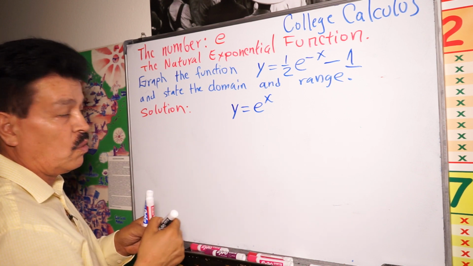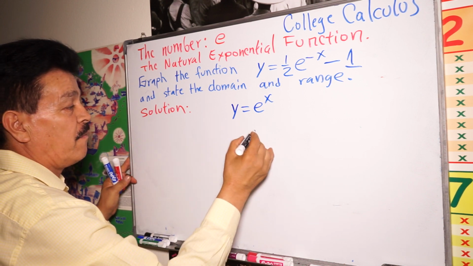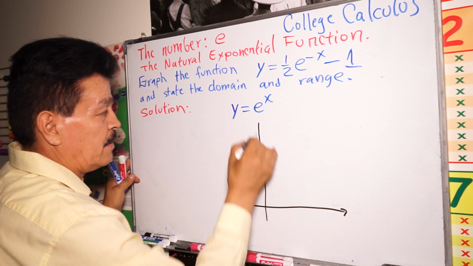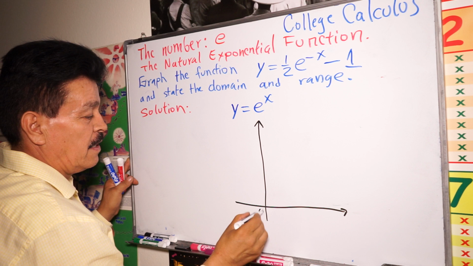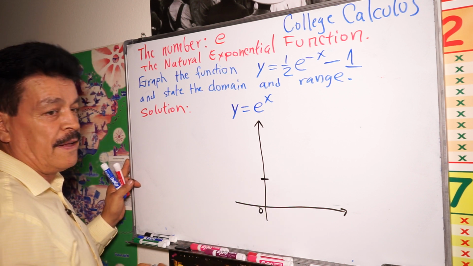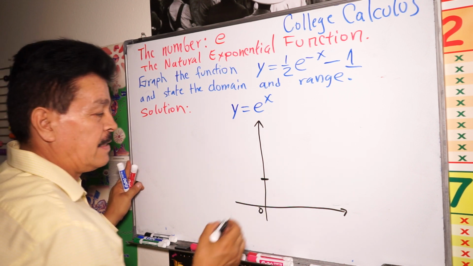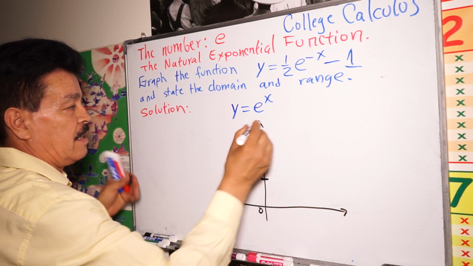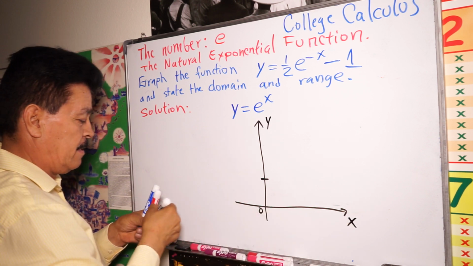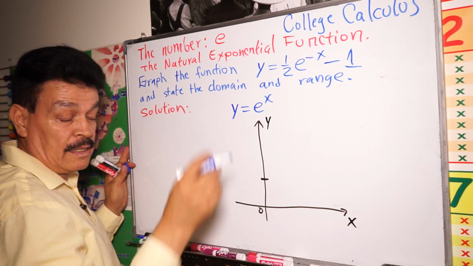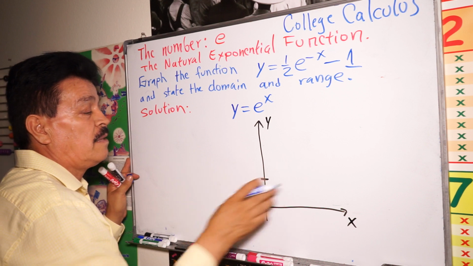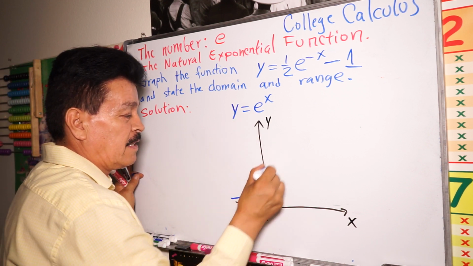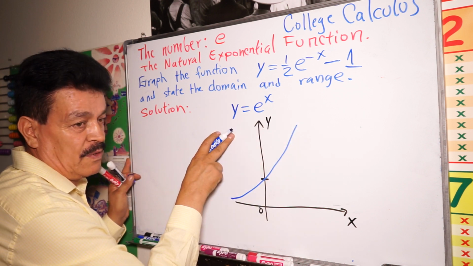I want to do it in four steps. This is 0, this is 1 here. This is y, this is x, and in the examples I did before, I explained this a little bit. So just do the graph like this. This is the first step.